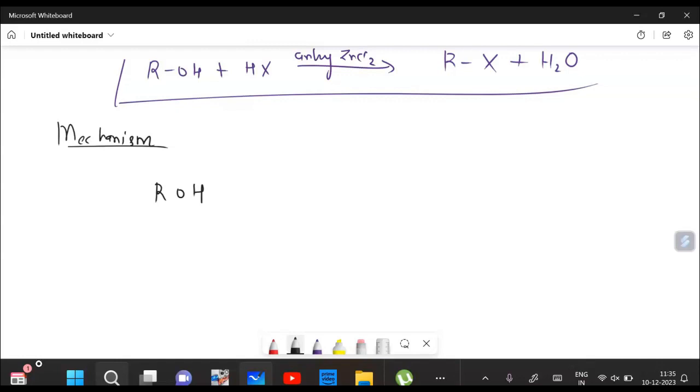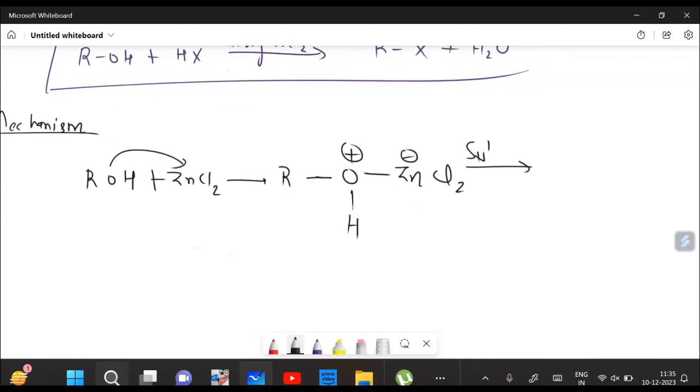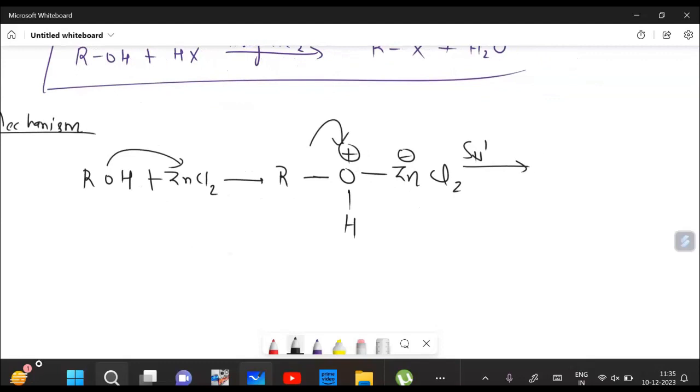ROH plus ZnCl2. What will happen here? The oxygen will attack on Zn, right? So it will form Zn negative, and there is a positive charge here, H. This will proceed with SN1 and this bond will break.